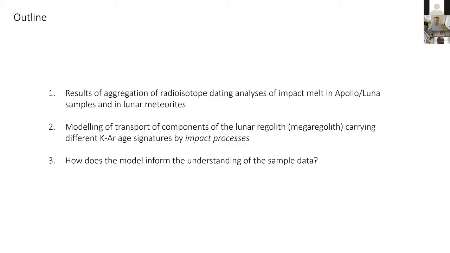And then the larger part of the talk will be about modeling of the transport of components of the lunar regolith, or possibly we'll call this mega regolith, carrying different potassium-argon age signatures by impact processes. I make this distinction between regolith and mega regolith because when people refer to the regolith, they're normally understanding this as the very fine material, just in the upper few meters of the moon.